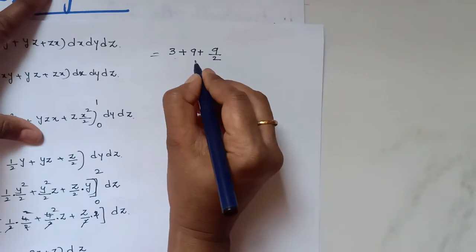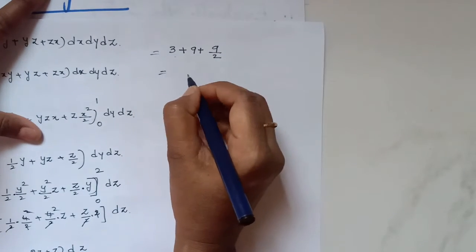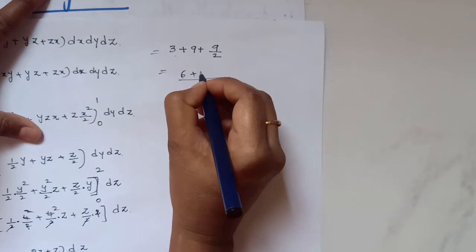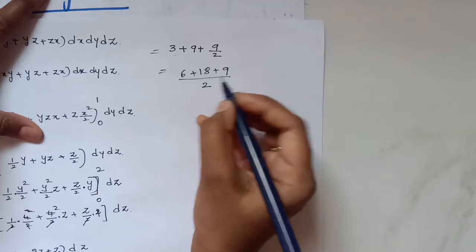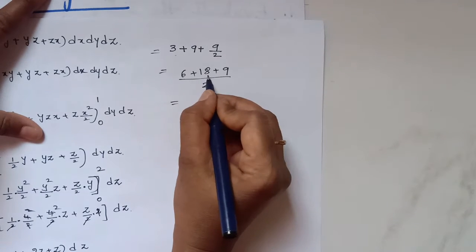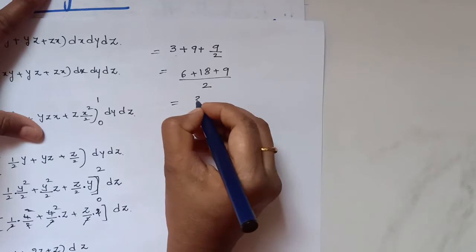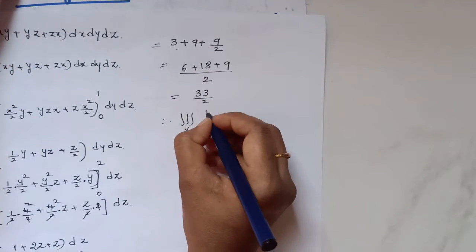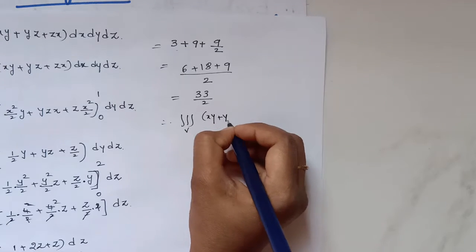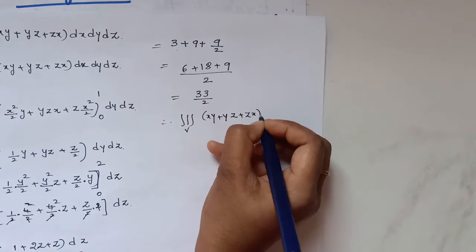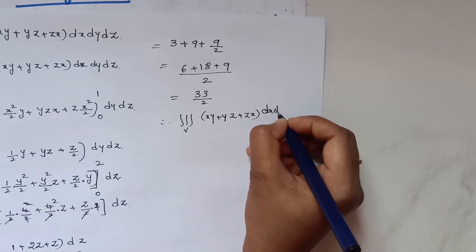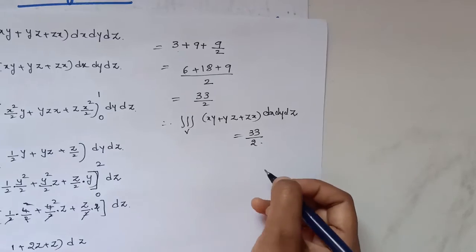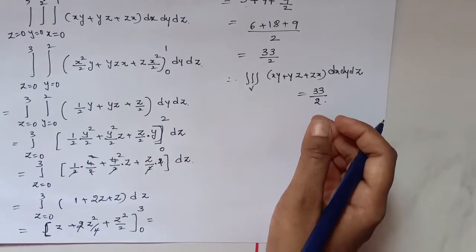The LCM is 2 now: 3 twos are 6, plus 18, plus 9, is 6 plus 18 is 24 plus 9 is 33, so 33 by 2. Therefore, the triple integral of xy plus yz plus zx dx dy dz is equal to 33 by 2. Okay, this is the first problem.